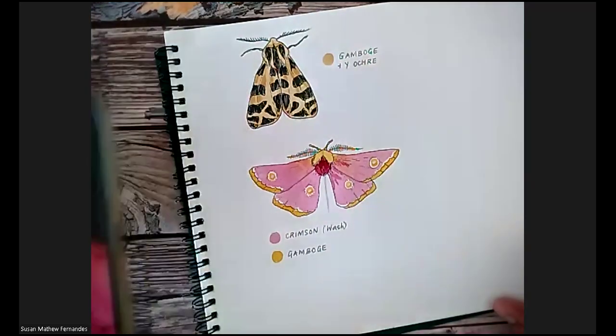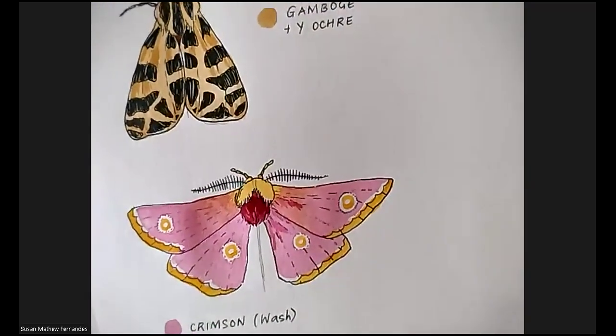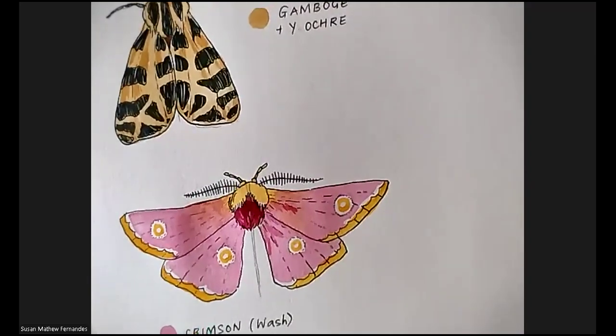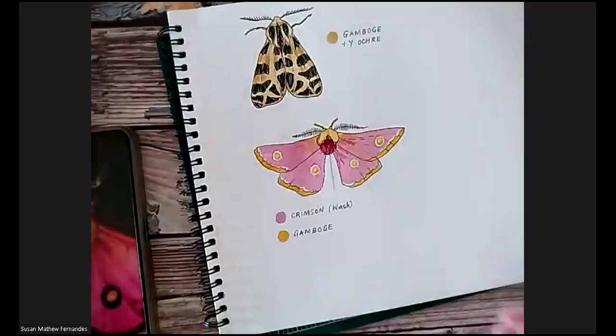Can you see what's happening? This is going to give it that fuzzy texture because our wash is absolutely flat. This kind of line on the body is going to give it some fuzziness.